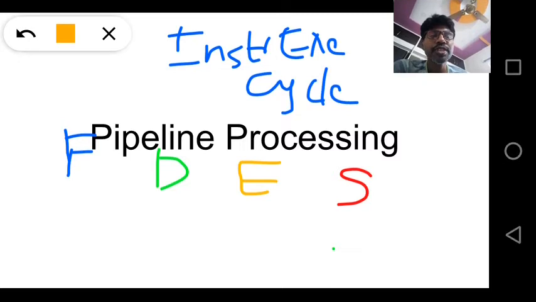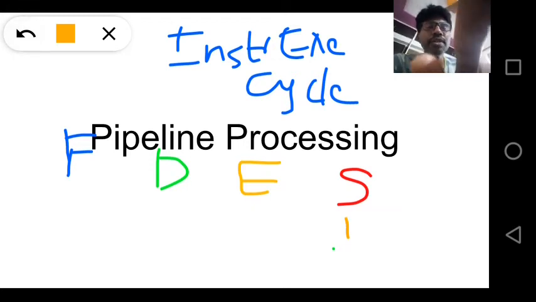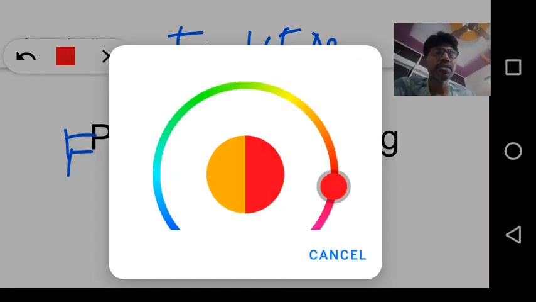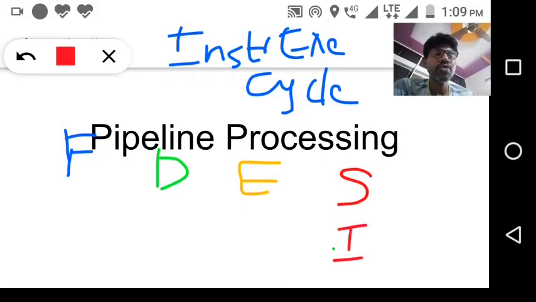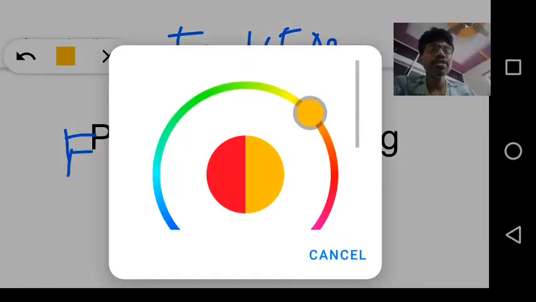So can you guess when instruction 1 is getting stored? When instruction 1 is getting stored, what might the execution phase be doing?